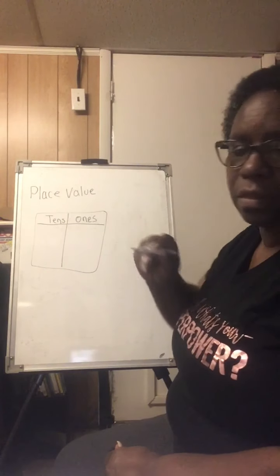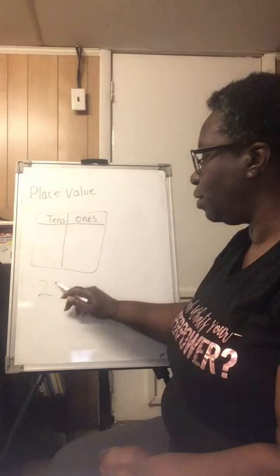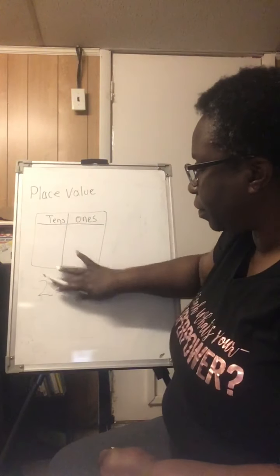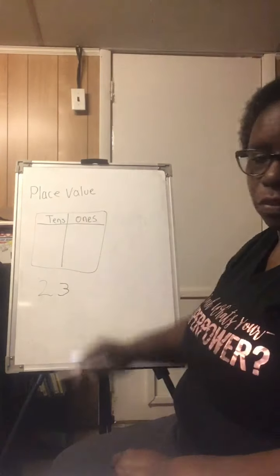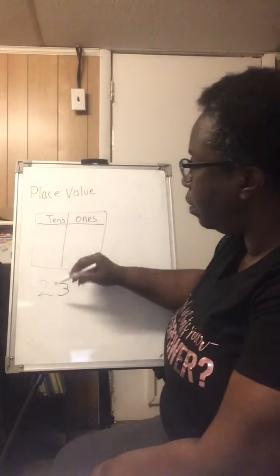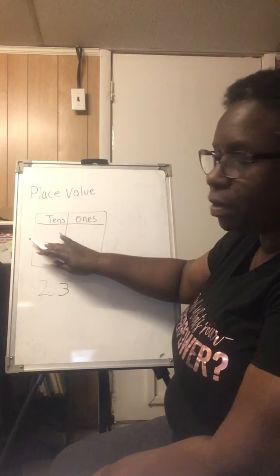We're not going to use the same number you have. We're going to do a different one. We're going to do 23. All right, how would I show 23 using our place value?